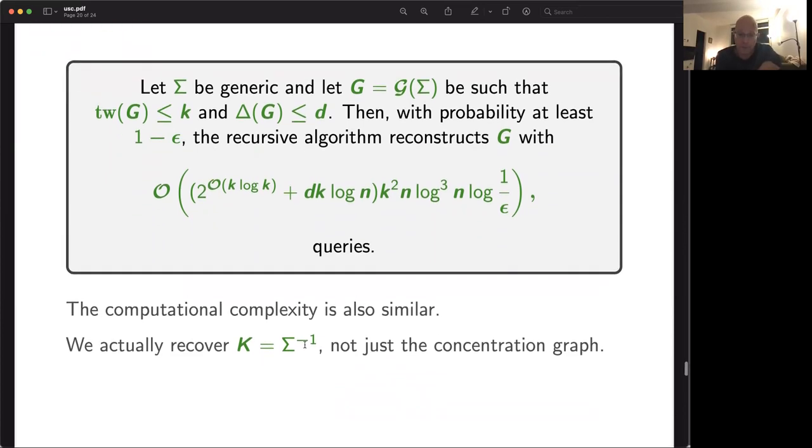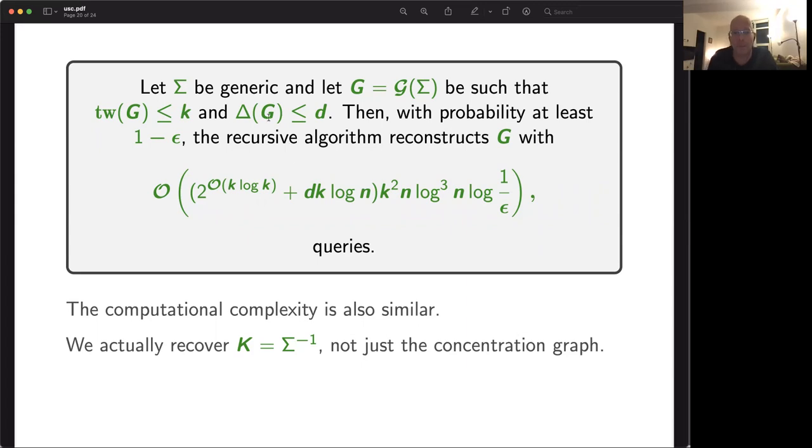Okay, so what's interesting is that with this method we not only find the underlying graph, but we actually invert the matrix. So what this means is that we can invert an n by n matrix by looking at just about n log n entries of the matrix. How is this possible?